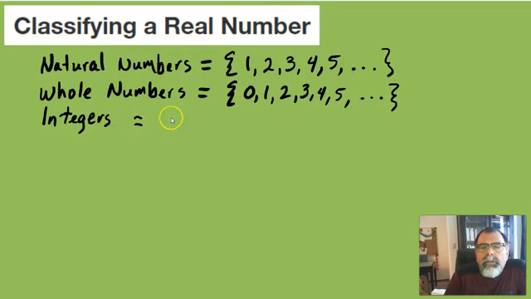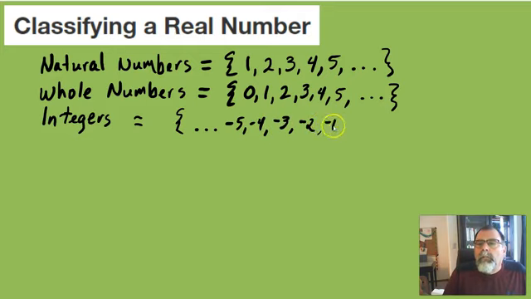So the integers are the negatives of the whole numbers, -5, -4, -3, -2, -1, 0, plus the whole numbers. So basically we're adding just the negatives to this whole number set: 1, 2, 3, 4, 5, and so on.